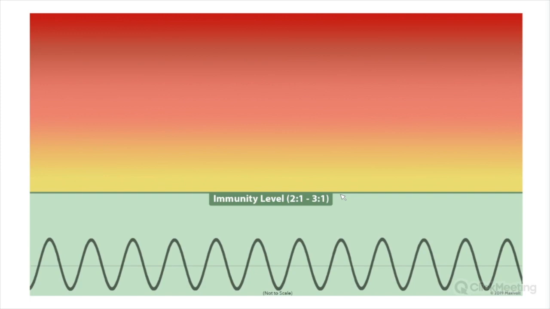So not every piece of equipment has the same immunity level, but we want to explain that 2 to 1 and 3 to 1. Now, what we have here is a sine wave, and we're going to say for illustrative purposes, this is a 120 volt sine wave, and it's in this green area. And this green area is the 2 to 1, 3 to 1 immunity level.